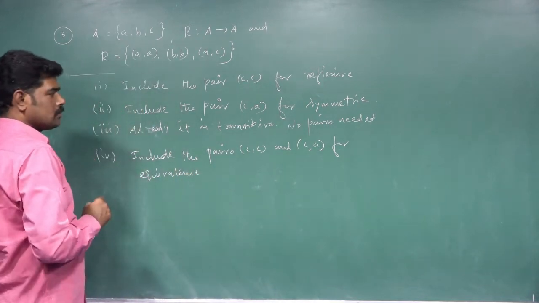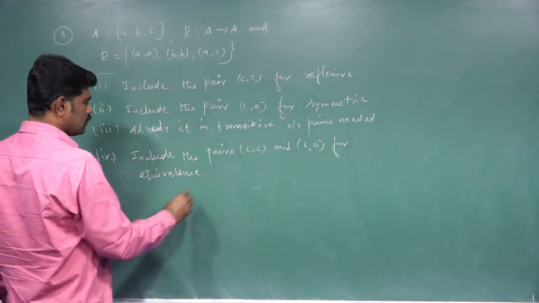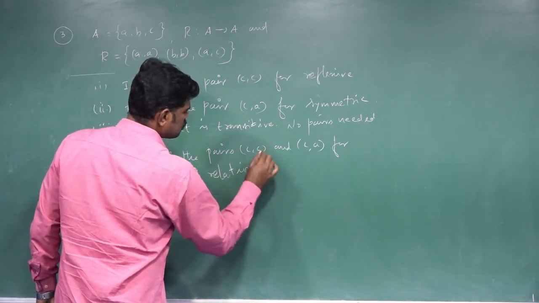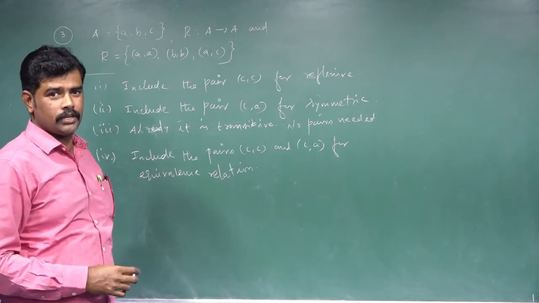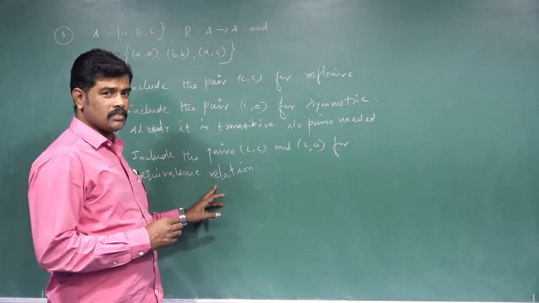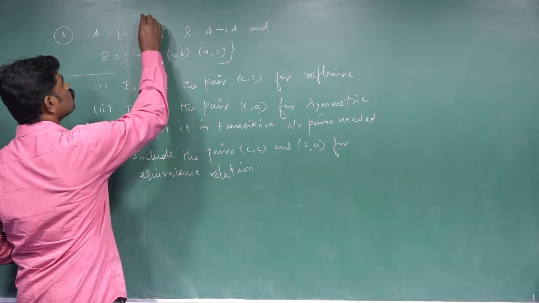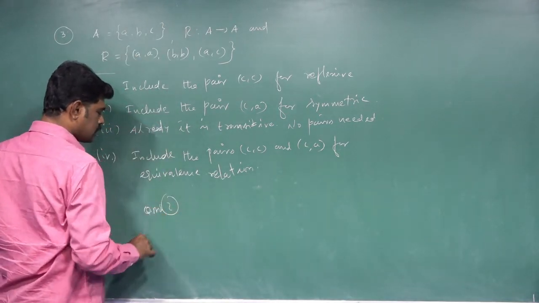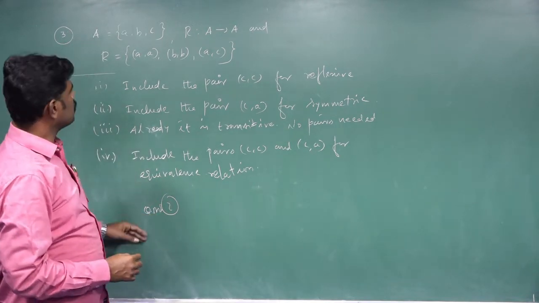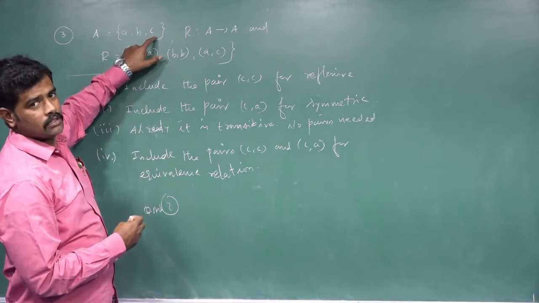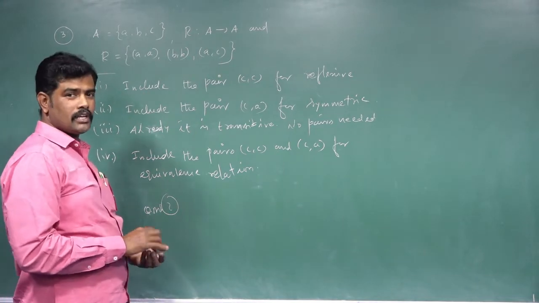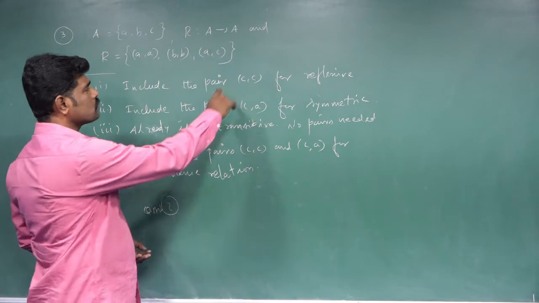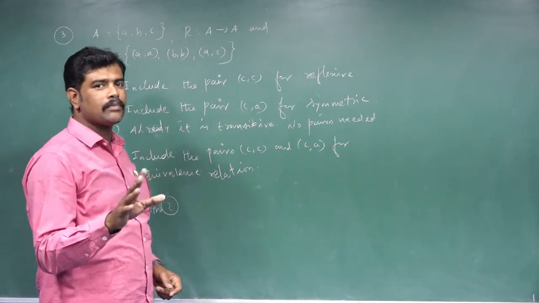Include the pairs (c,c) and (c,a) for the equivalence relation. That's all. And one more thing. This sum is the same as question number 2. What is the difference between question number 2 and question number 3? Here the element d is not given, but in question number 2 they gave 4 elements a, b, c, d. So only one pair is reduced in this case. Both are the same type of questions.